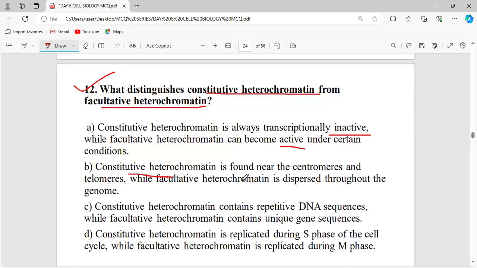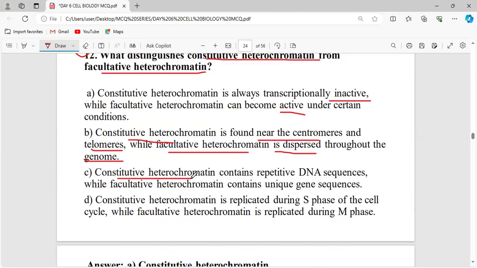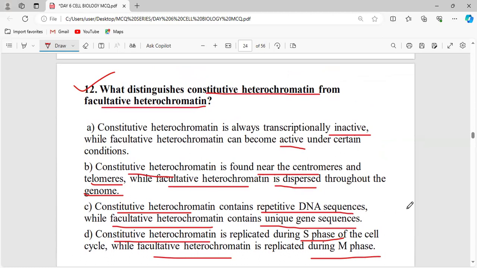Second: constitutive heterochromatin is found near the centromeres and telomeres, while facultative heterochromatin is dispersed throughout the genome. Third: constitutive heterochromatin contains repetitive DNA sequences, while facultative heterochromatin contains unique gene sequences. Option D: constitutive heterochromatin is replicated during the S phase and facultative heterochromatin during the M phase. What will be the answer?